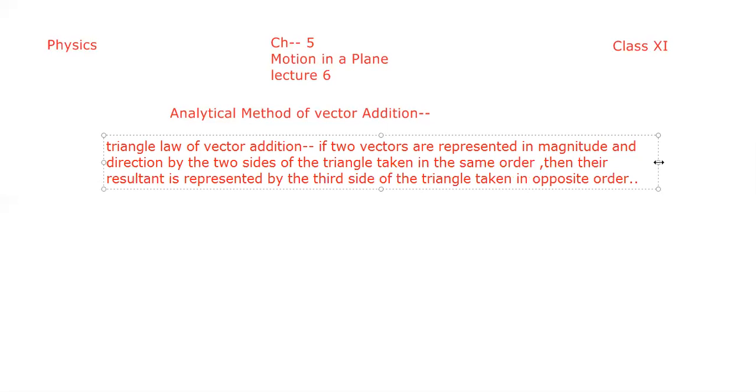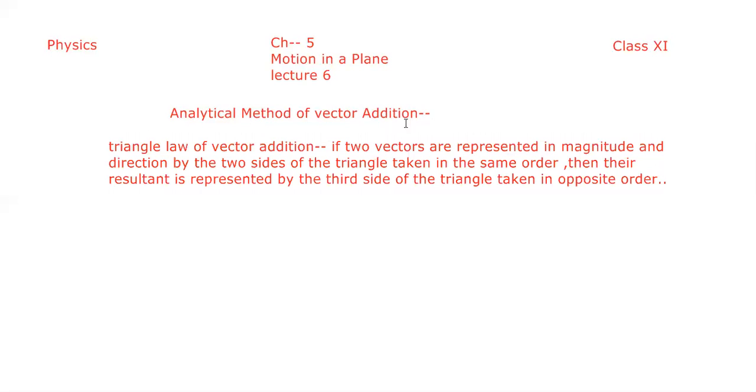So what does it mean, or how do we calculate? In the triangle law of vector addition, if we represent two vectors in magnitude and direction by the two sides of a triangle, suppose one side is vector A in this way, and the other side is in this way.